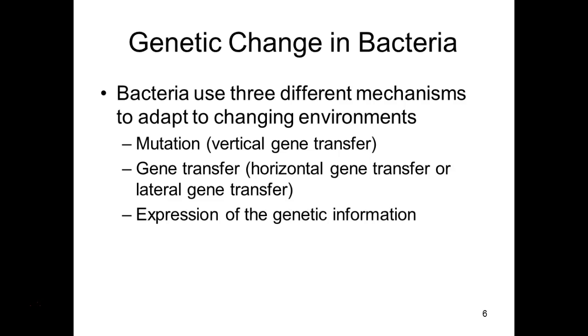So this one I'm going to give you a couple examples of, and then we're not going to talk about it again. But we're really going to dive into mutation. We're going to start that today and probably not finish it up until after break. And then after break, we'll go into the 3 different mechanisms I mentioned of lateral gene transfer.